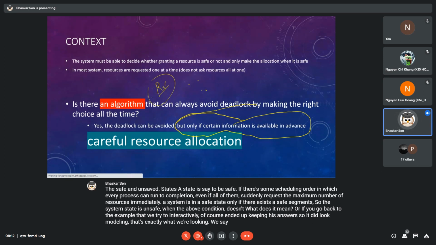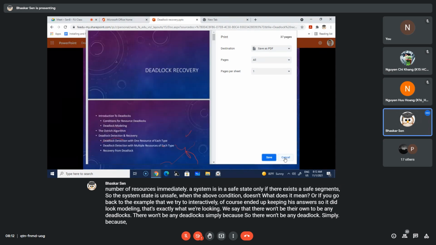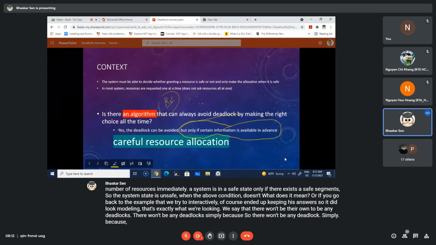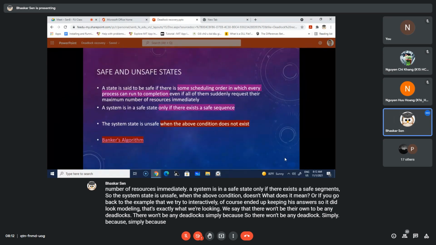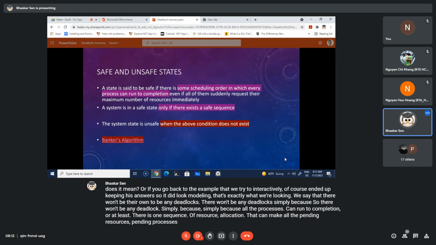We said that there won't be any deadlocks simply because all the processes can run to completion, or at least there is one sequence of resource allocation that can make all the pending processes run to completion.